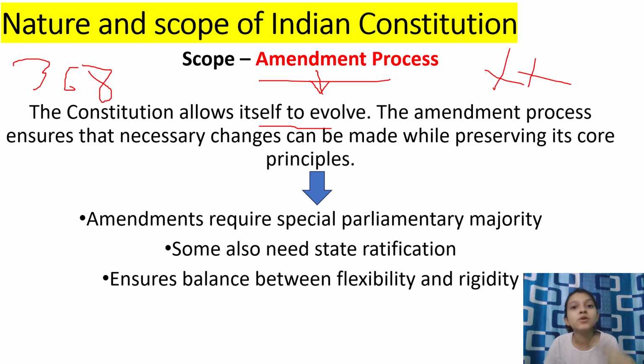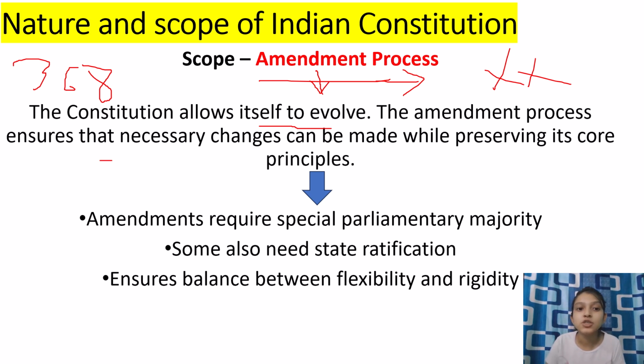So in order to keep it growing and evolving, this amendment process has been added into the Indian constitution. Where some of the provisions are not getting along well with today's scenario, it gives us the power to modify them for the betterment of society. So that is the very role and aim of the amendment process.